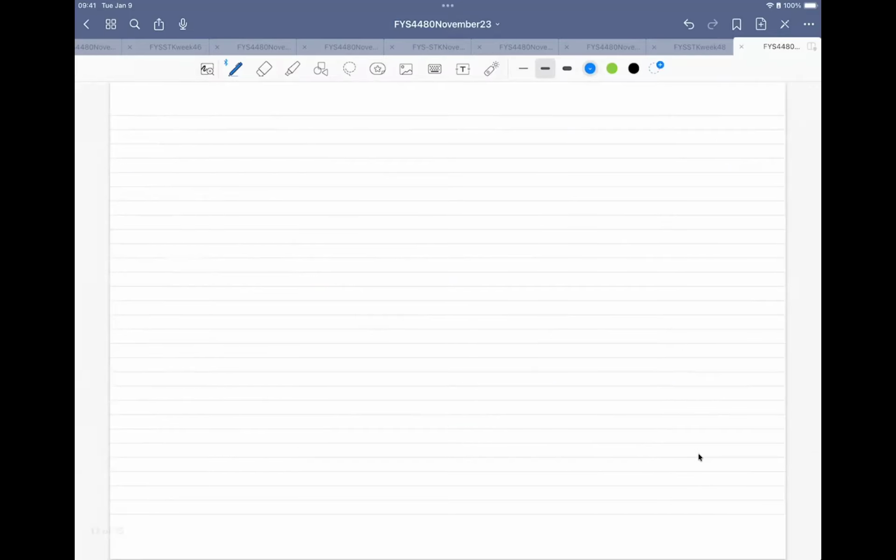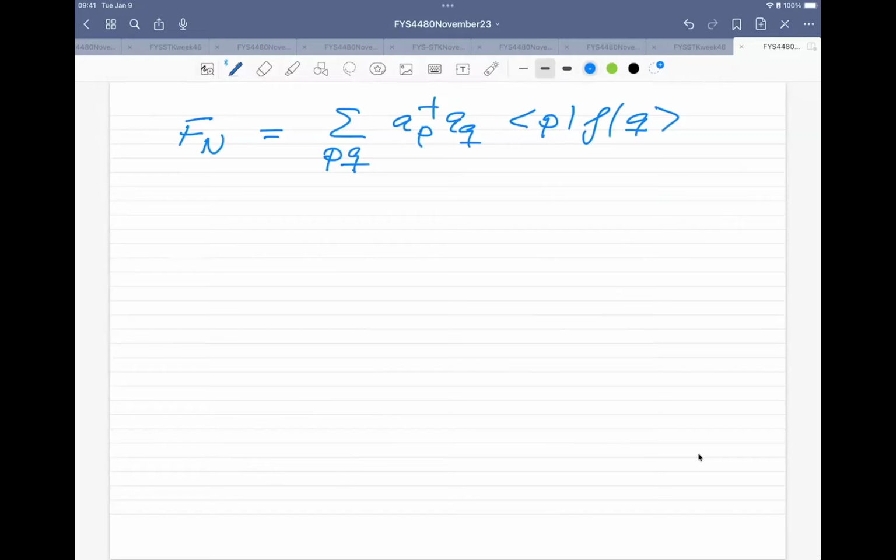But let's now take a look at the Hamiltonian which we have. So if we look at f_N, we know that this one is actually a sum of f_pq, and then I have a_p dagger a_q, and then I have this integral, p, this operator f, which we have just left unspecified. We know that this one is actually a sum over a and b.